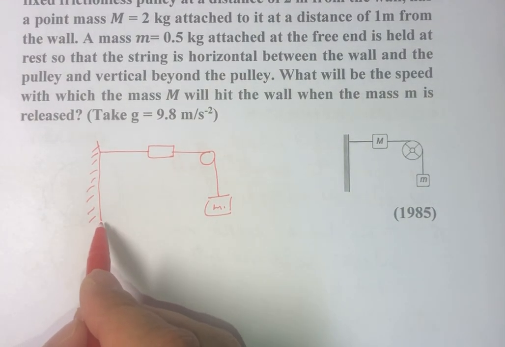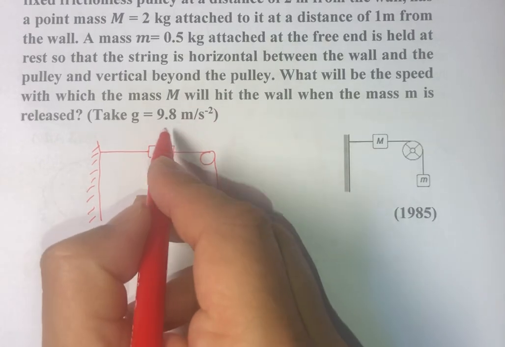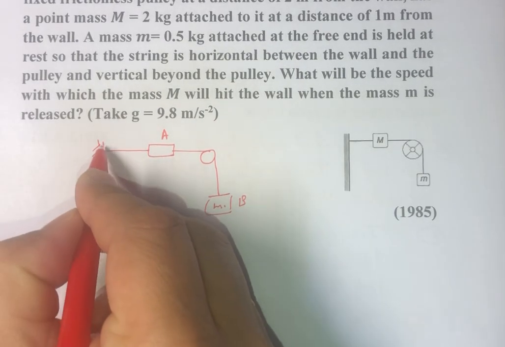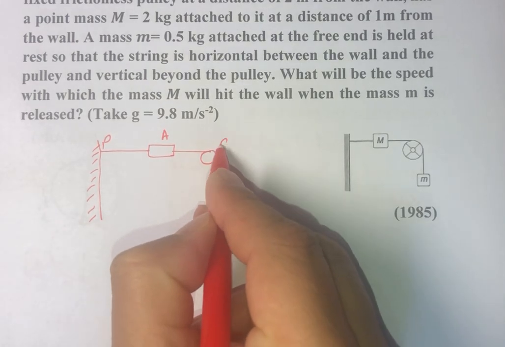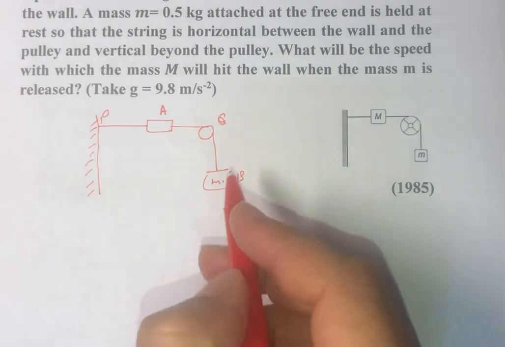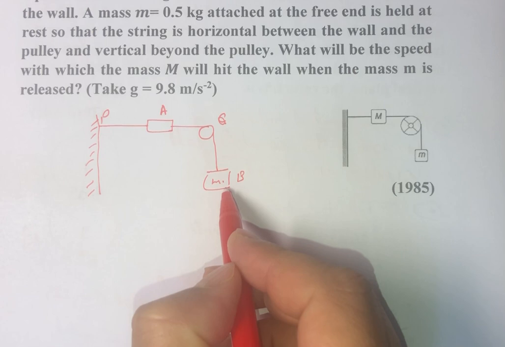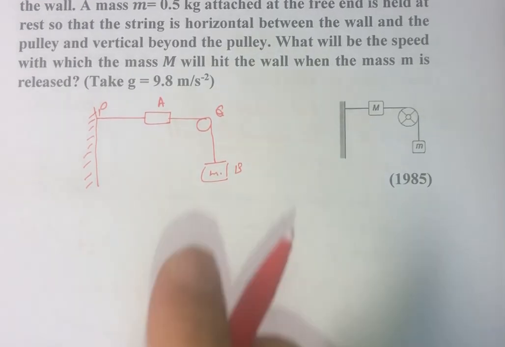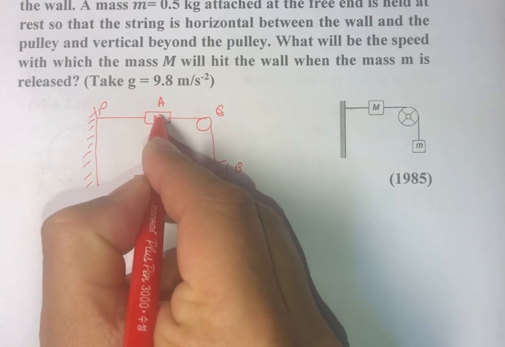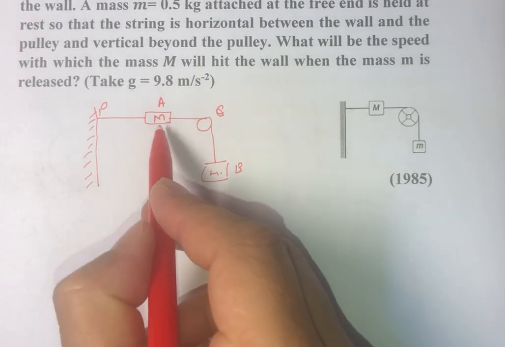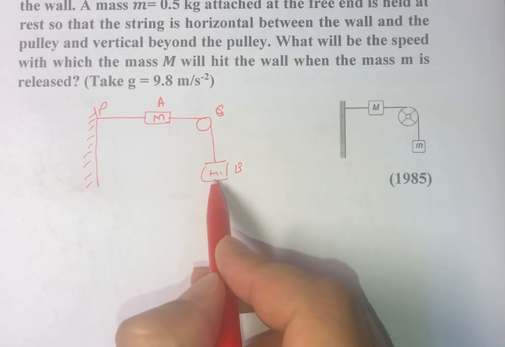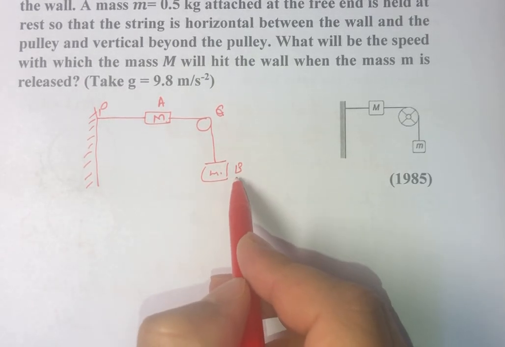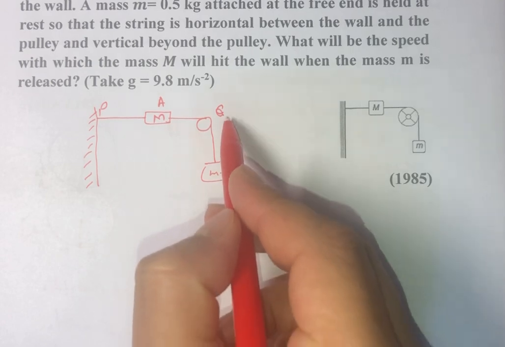Let us call this position A, this B, this P, and this Q. As soon as the small mass m is released, since M is greater than small m, this is 2 kg and this is 0.5 kg, small m is going to move upward.